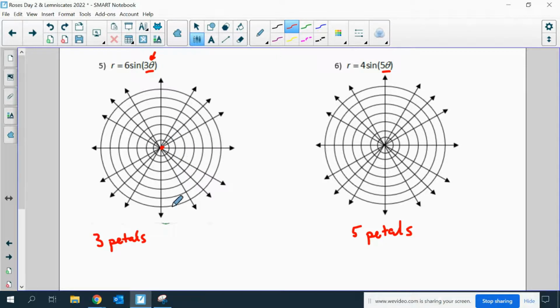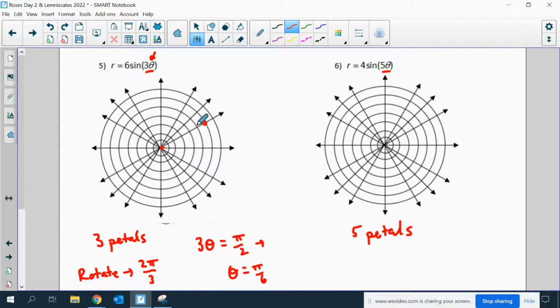So I need 3 theta to equal pi over 2, which means theta equals pi over 6 is my first value. And then what is my rotational symmetry? So I rotate and get a new value. Since I have 3 petals, I need to rotate every 2 pi over 3.